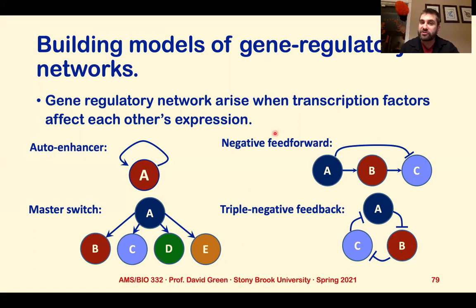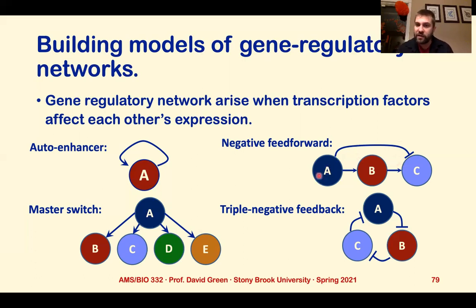We can have structures like this, a so-called negative feed forward, where gene A is an activator for gene B, and gene B is an activator for gene C, but A is also a repressor for gene C. This kind of structure can lead to delays in the response.